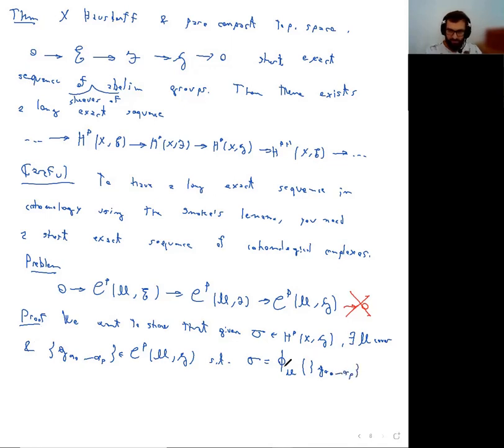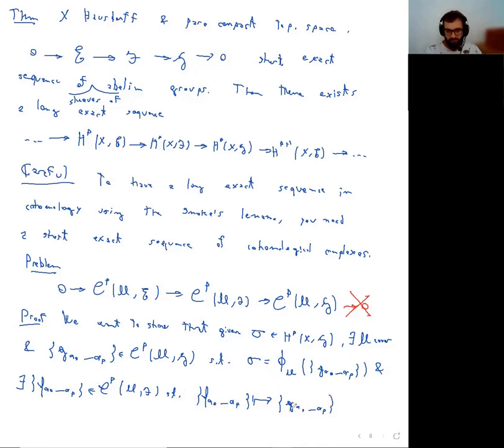So remember, this is the map from H^p(U, G) into H^p(X, G). And this G is in the image. So there exists an F_{alpha_0...alpha_p}, which is a cochain of F, such that F_{alpha_0...alpha_p} is mapped indeed to this G_{alpha_0...alpha_p}.